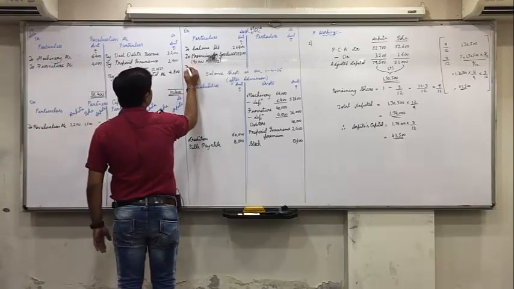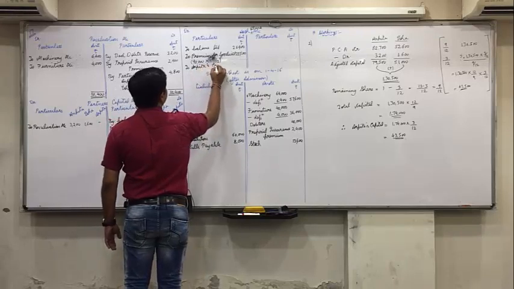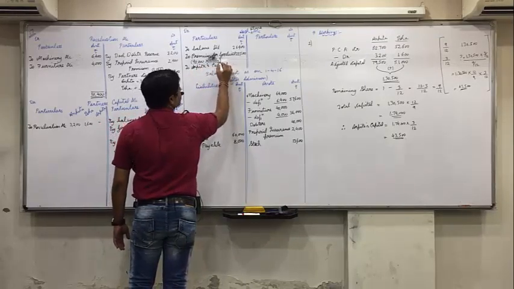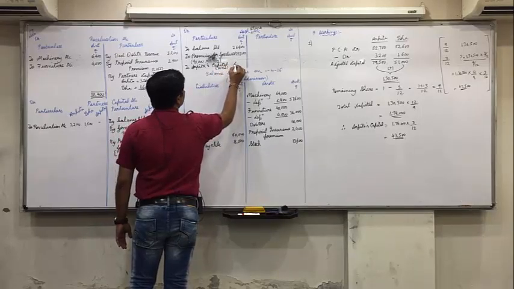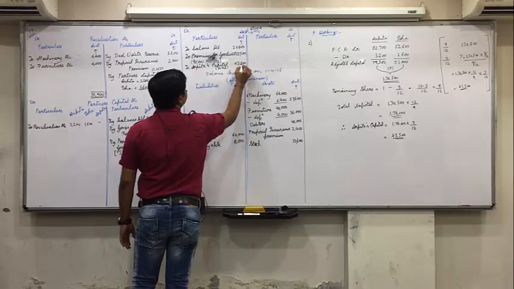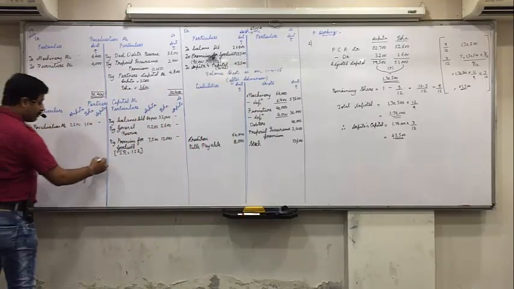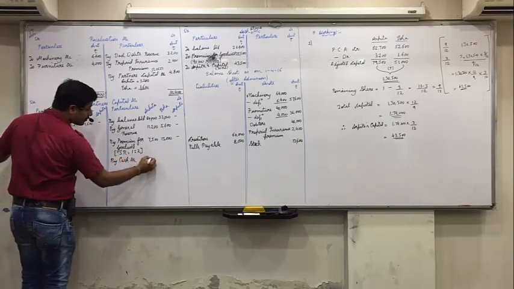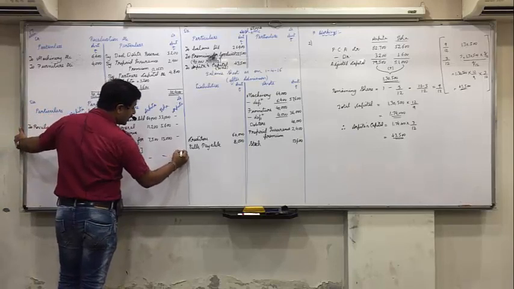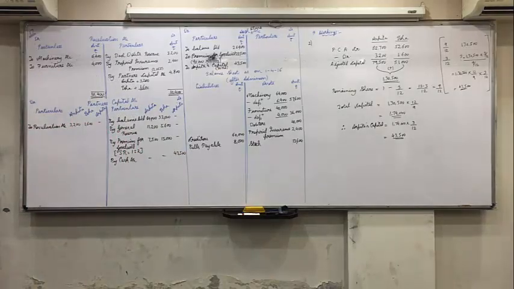So cash account debit side to Arpita's capital, in bracket working note, 43,500. Opposite side, in partner's capital account, by cash account, Arpita's column, 43,500. Are you okay with this?